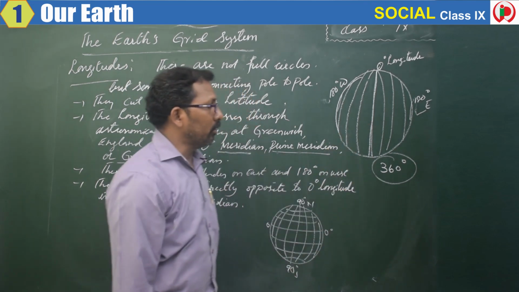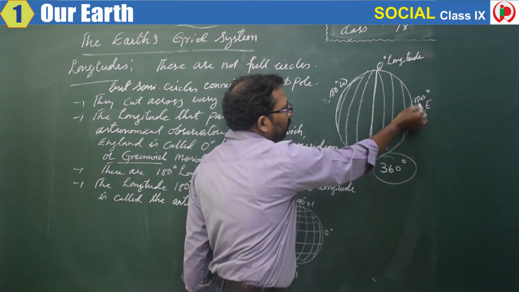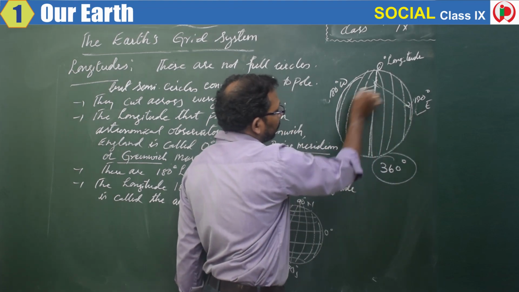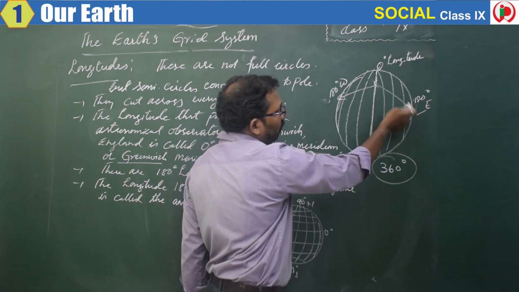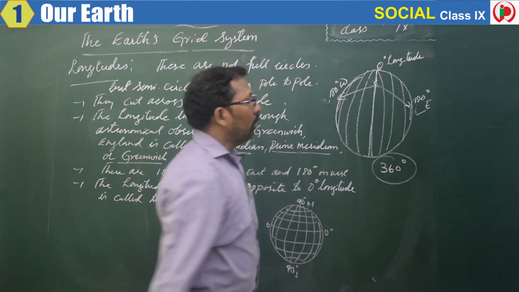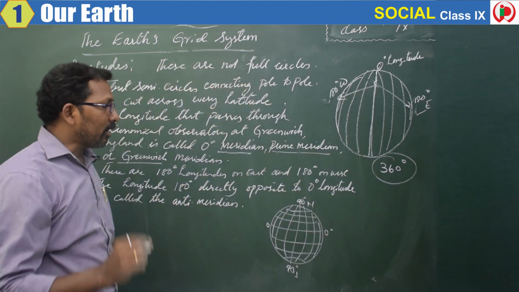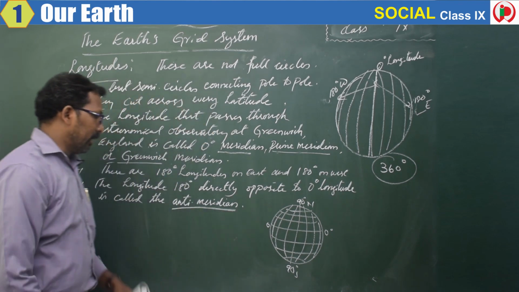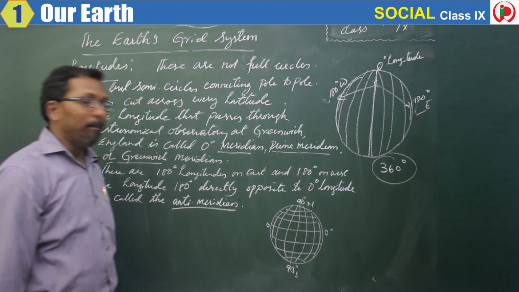Okay, so how many longitudes are there now? 360 degrees of longitude. Now you can see that these longitudes are opposite each other. So 180 degrees is opposite to the 0 degrees. 180 degrees west is opposite to the 0 degrees longitude. What are they called? They are called anti-meridians.